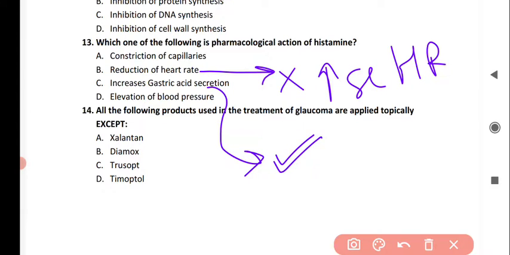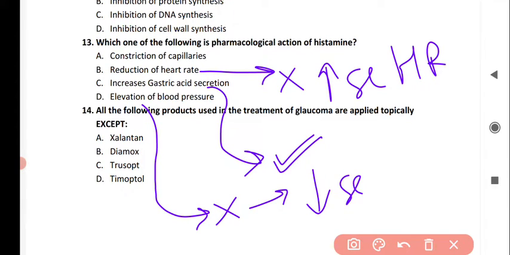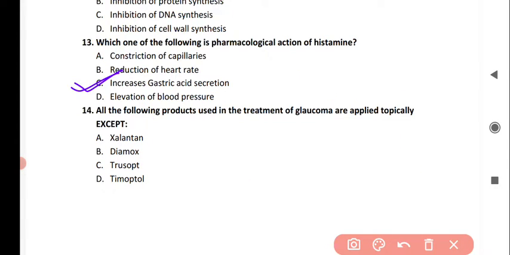And option D, elevation of blood pressure, is also wrong. Rather it lowers or decreases the blood pressure. Other pharmacological actions that we have learned from this question are that it dilates the arteries and capillaries, it lowers the blood pressure, and it increases the heart rate.